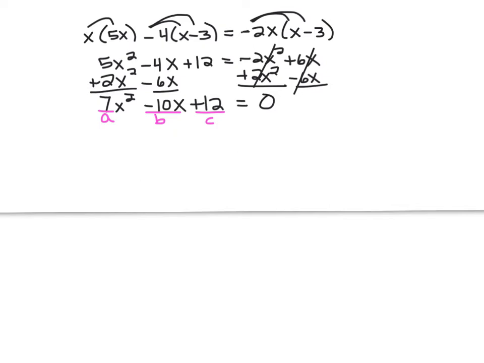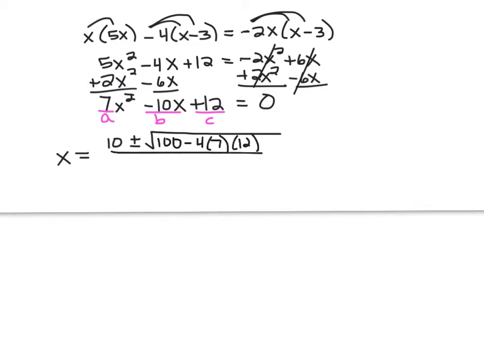So x equals negative B. Negative 10 would be positive 10 plus or minus the square root of B squared. So negative 10 squared, negative 10 times negative 10, is positive 100. And then minus 4 times A, which is 7, times C, which is 12. And that whole thing is over 2 times A.